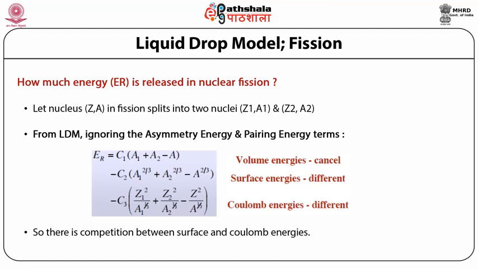Minus C3 times (Z1 square upon A1 to the power 1 by 3 plus Z2 square upon A2 to the power 1 by 3 minus Z square upon A to the power 1 by 3). Since the Coulombic energy in the big nucleus is different than the Coulombic energy of the two lighter nuclei, they contribute to the total energy. So there is a competition between surface and Coulomb energies.